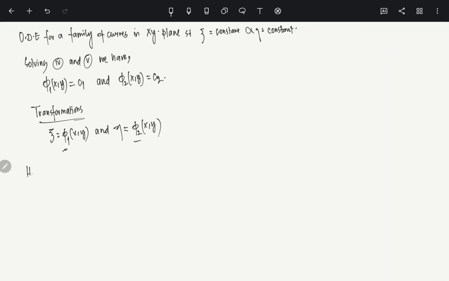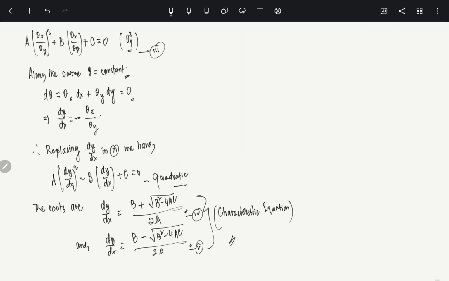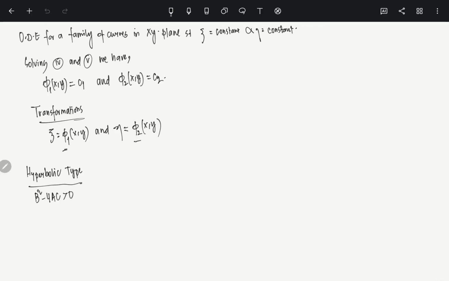The first is the hyperbolic case. In the hyperbolic type, b square minus 4ac is positive. So in b plus or minus root over b square minus 4ac by 2a, we are looking at a positive term. That implies we have two real and distinct families of characteristics.